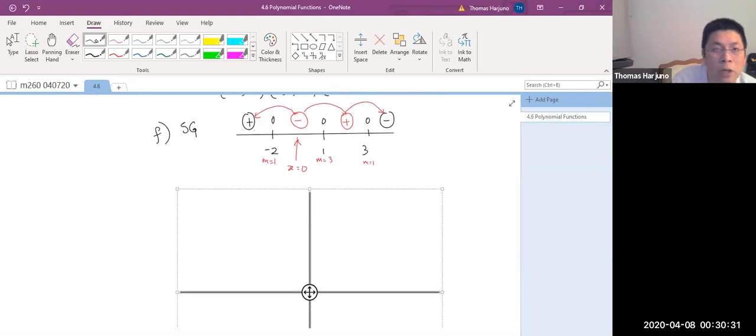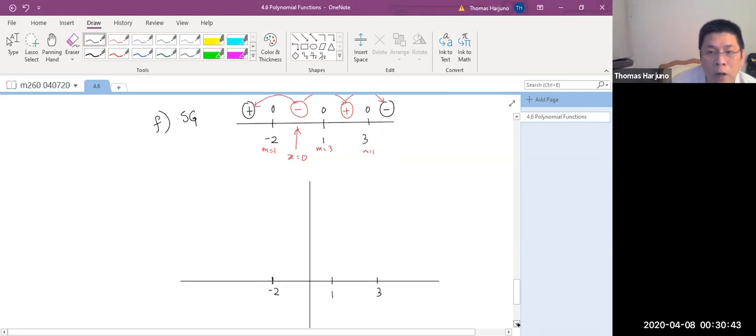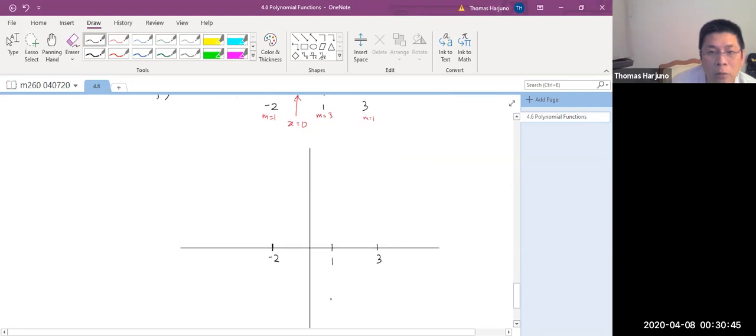Let me do the x-intercepts first: negative 2, 1, and 3. Okay, now negative 12 will be quite far down here. That's (0, -12).